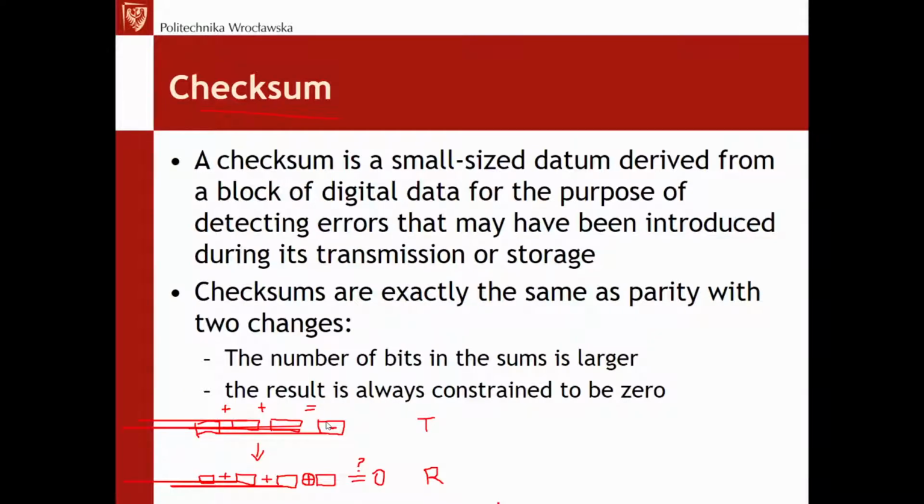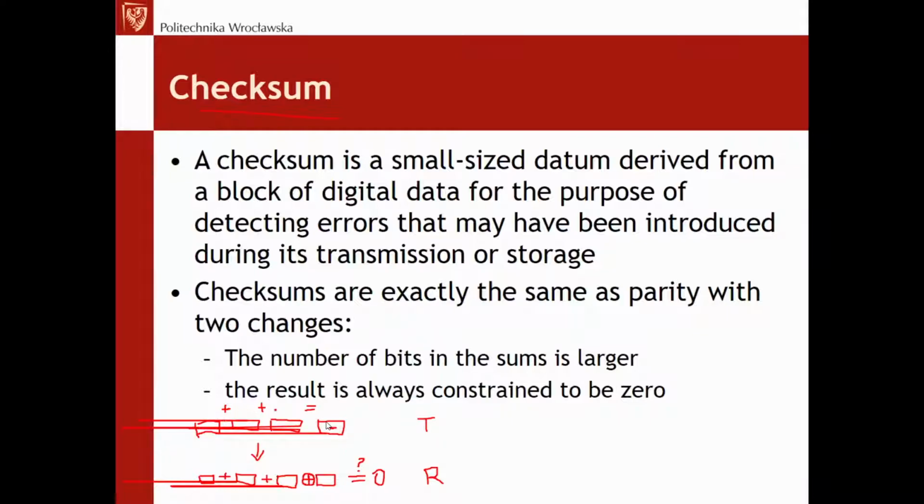The checksum is simpler from the microcontroller's point of view than parity checking, because of the simplicity of operations. In the case of checksum, we are just adding the bytes, byte by byte or word by word, depending on how much additional information you want to add to your data frame.